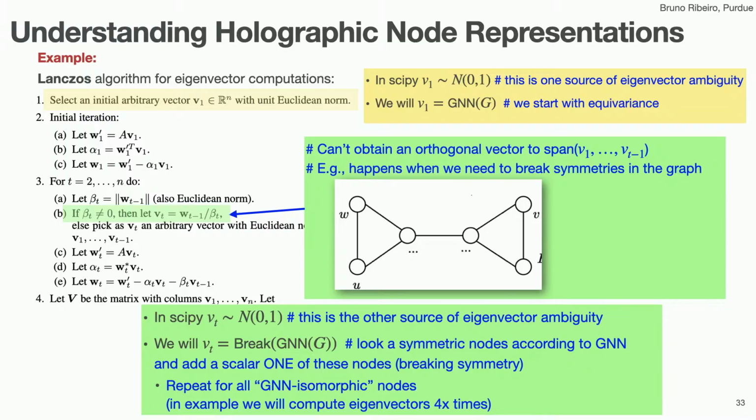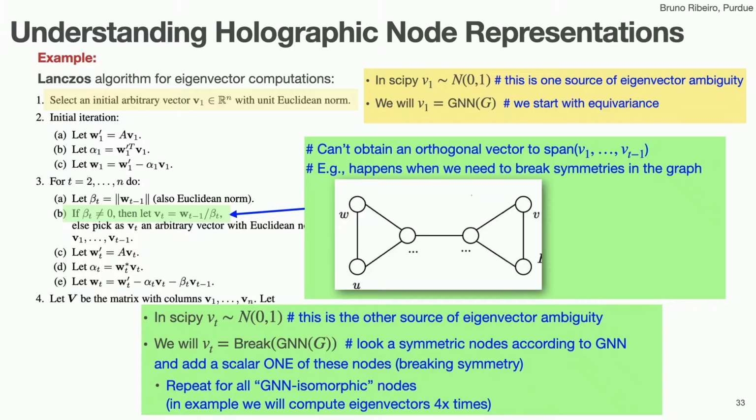But instead of doing a random symmetry breaking, randomly putting some values in the vectors, we are going to have a specific way of breaking so that later we can reconstruct the symmetries when we want. Okay? So we are going to look at the symmetry according to the GNN. The GNN told us that some nodes might be isomorphic, and we are going to look at those.